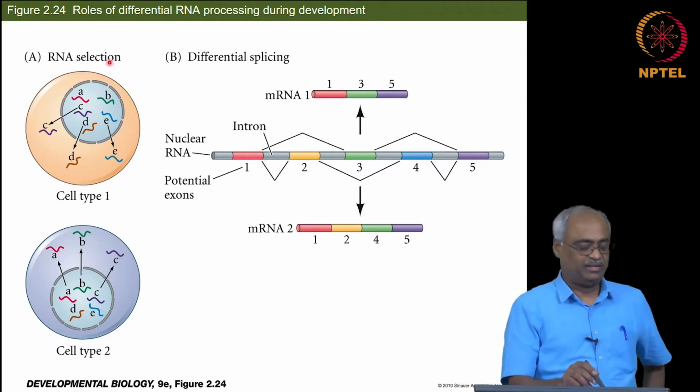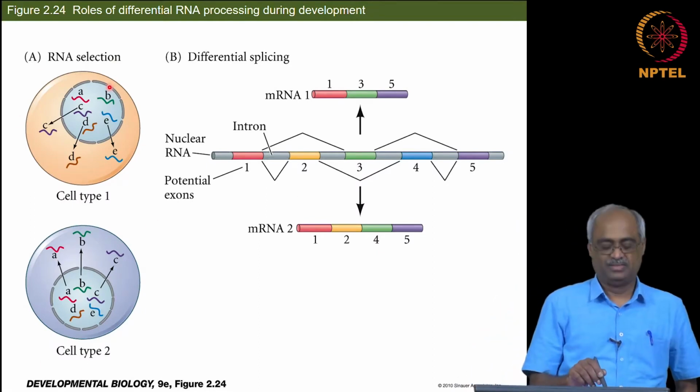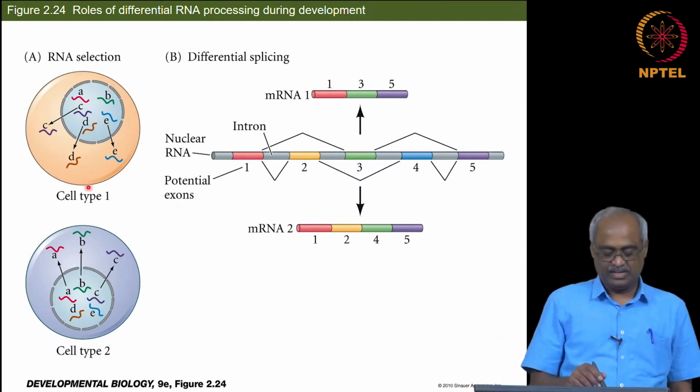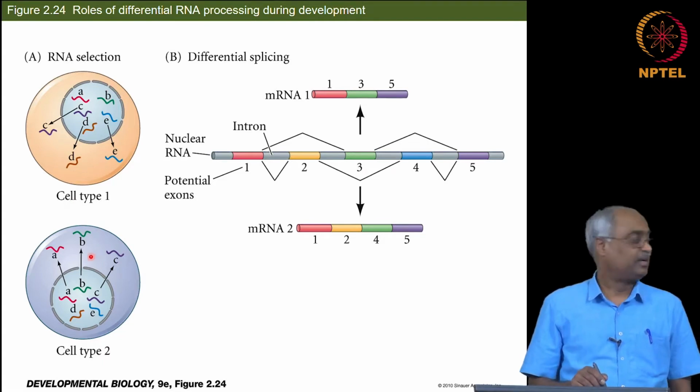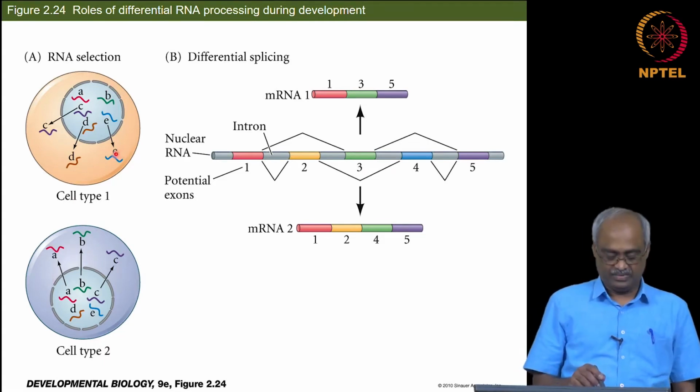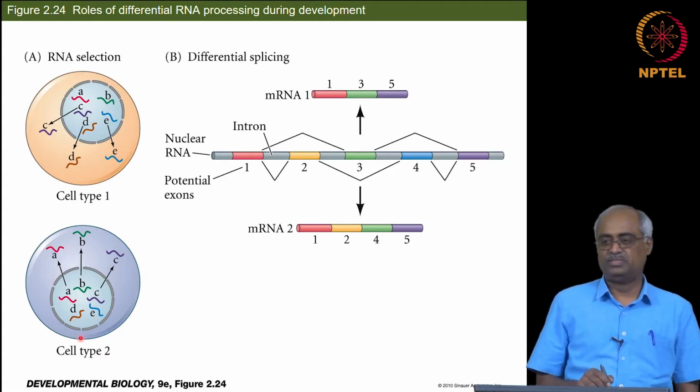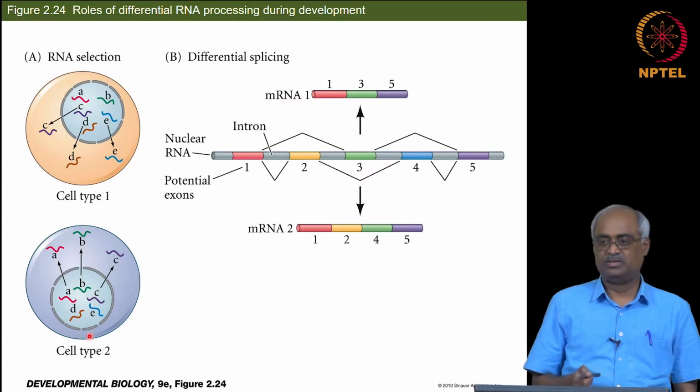If you look at A here, these are two different cell types. In both cell types you have 5 different messenger RNAs being transcribed, 5 different genes being transcribed into RNA.